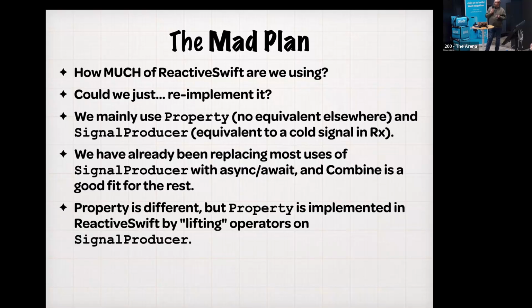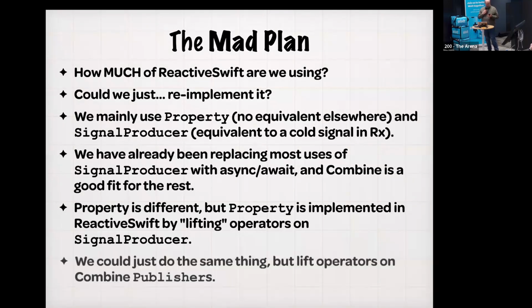The way it's implemented in reactive Swift is that they have this lifting operator where they can take the functions that are implemented on signals and convert them into properties automatically, so that you sort of get the functionality for free. And so we figured, could we just do the same thing, but lift the stuff from Combine, use Combine publisher and this lifting approach to create a new type, which works like this Property that we were using.